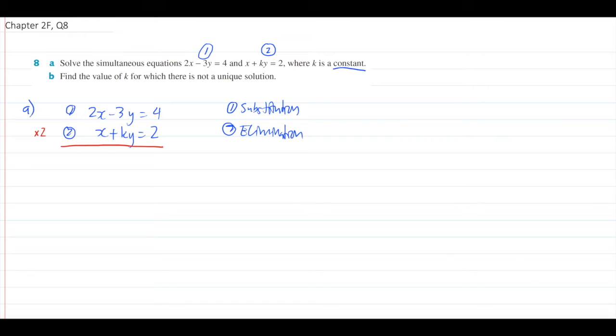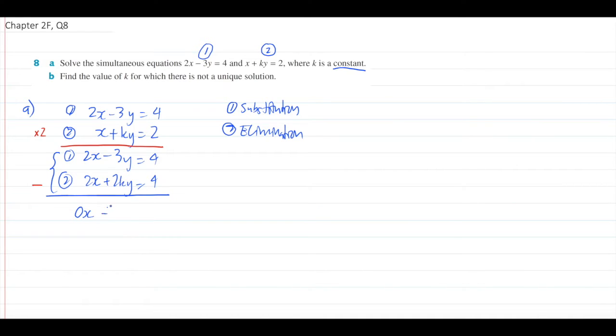Equation number 1 I kept the same, 2x minus 3y equals 4, but equation number 2 now becomes 2x plus 2ky equals 4. Now you can subtract and eliminate the x values. So 2x minus 2x equals 0, and you eliminate the x, essentially 0x.